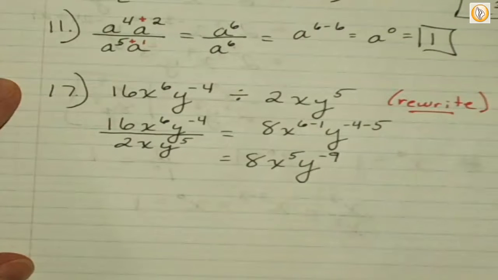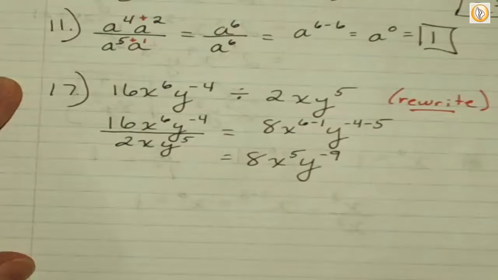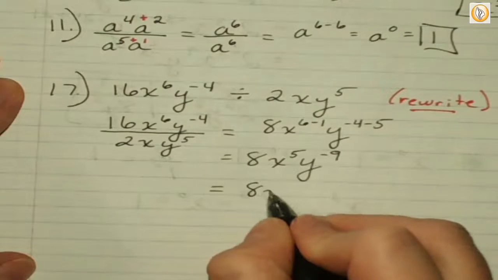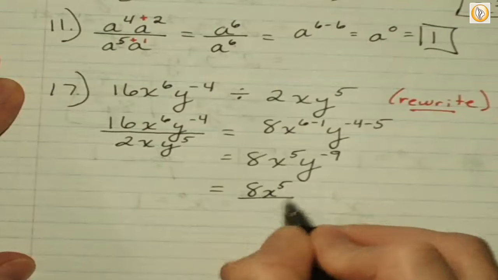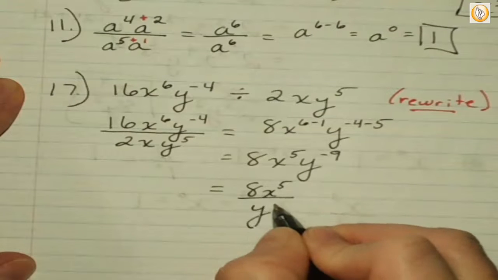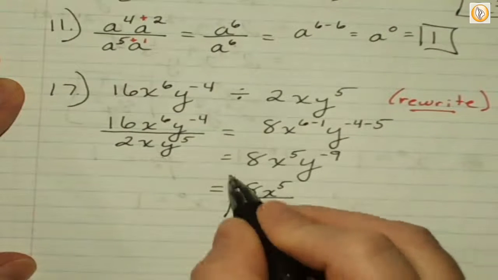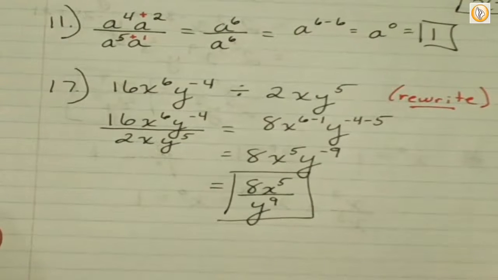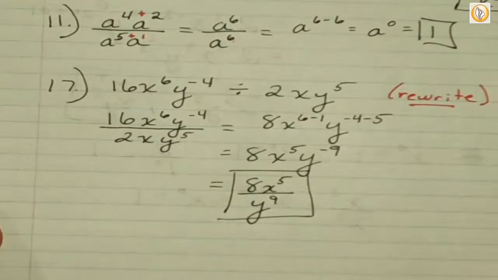Now we can't have negatives, so what do we do? Move it to the bottom. So your final answer is 8x to the power 5 over y to the power 9. There's the final answer. I like this better than the stuff on Friday. Any questions?